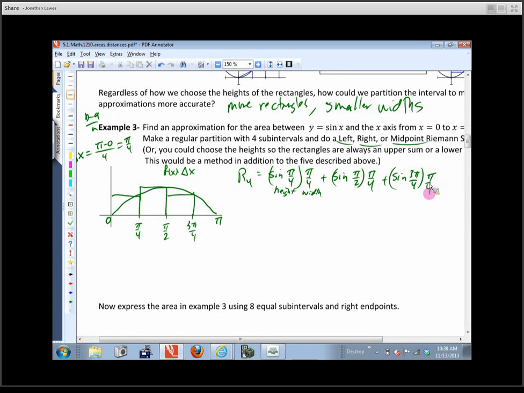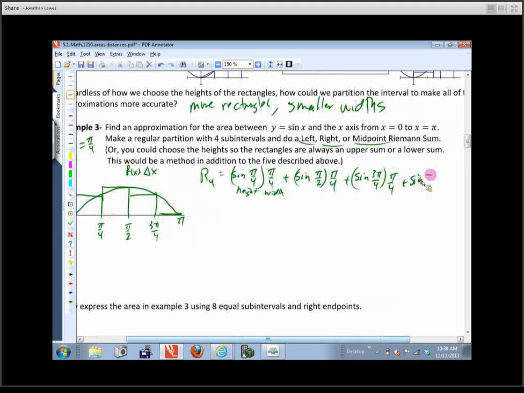Width is pi fourths. And here's the last one. Silly thing to do on this one, but we do have a couple places where we've overestimated. So this is going to be plus sine of pi times pi fourths. Every one of these is a height times a width for each one of those 4 rectangles. Any questions?